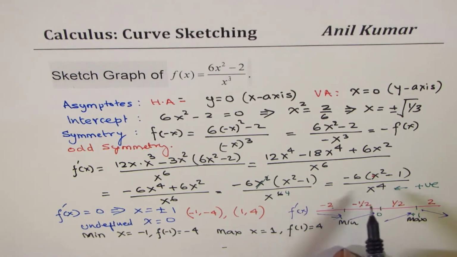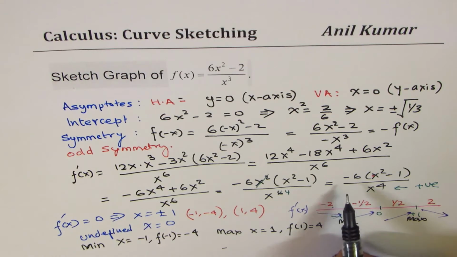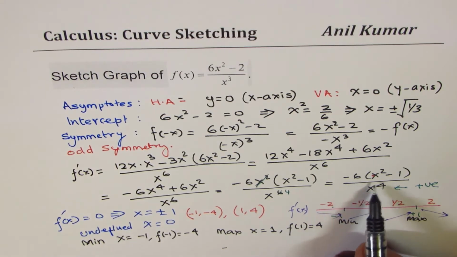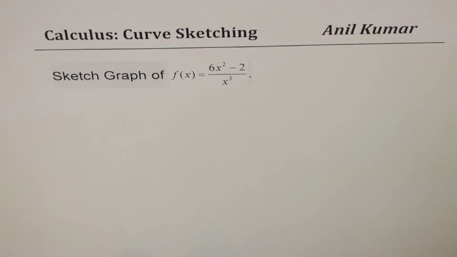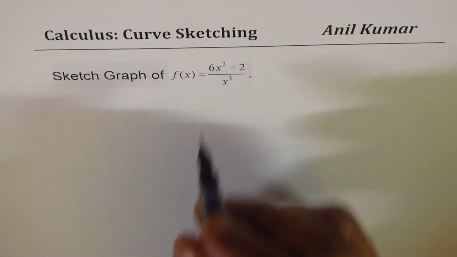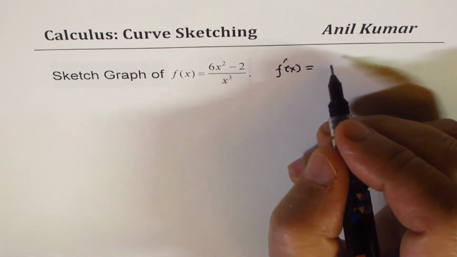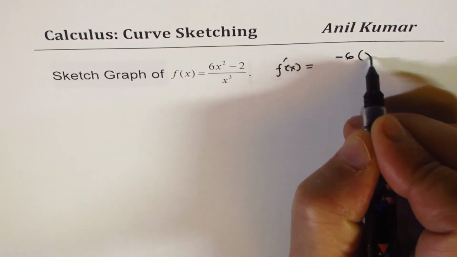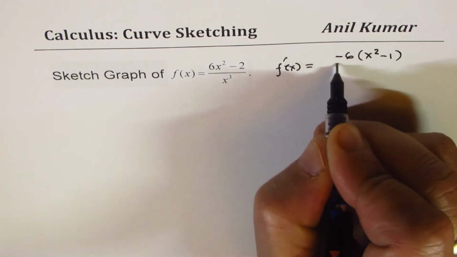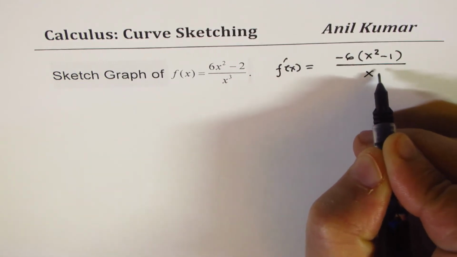So let me copy this function first, which is minus 6 times x squared minus 1 divided by x to the power of 4. So here is what we have, the function itself, and its derivative is minus 6 x squared minus 1 over x to the power of 4.